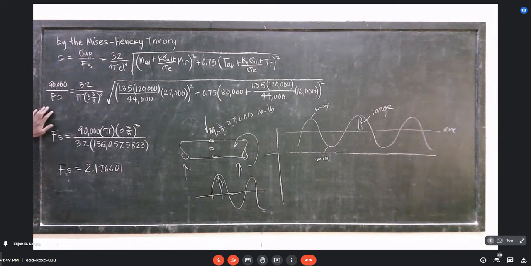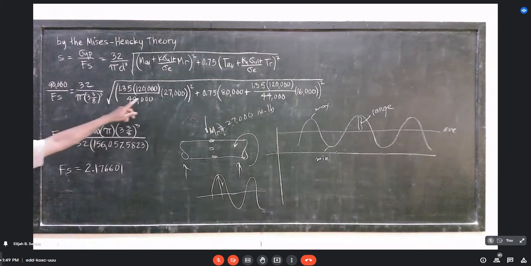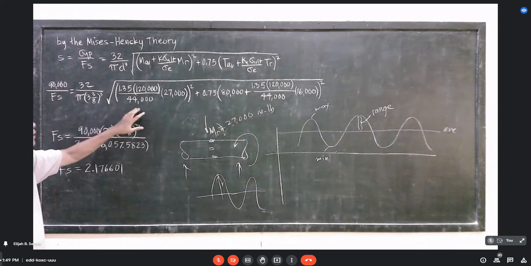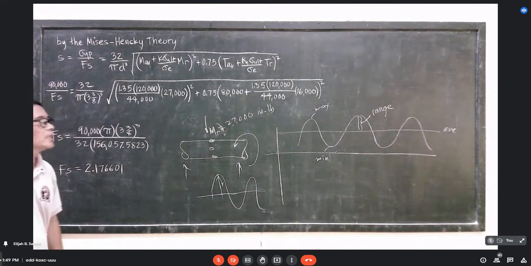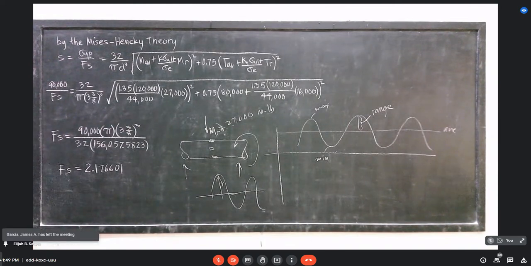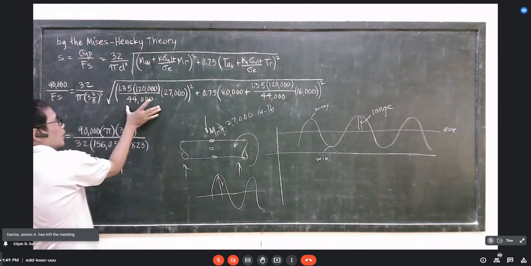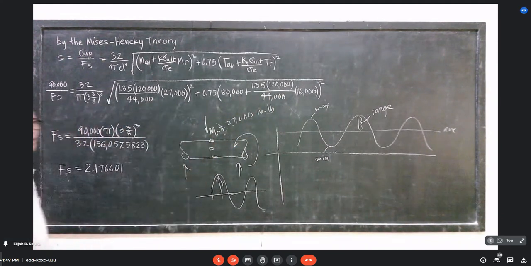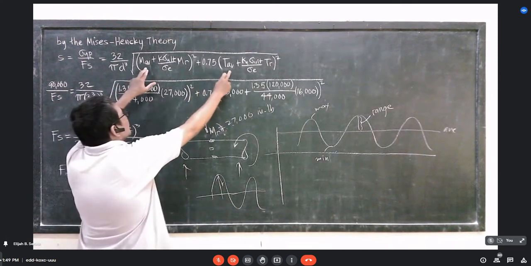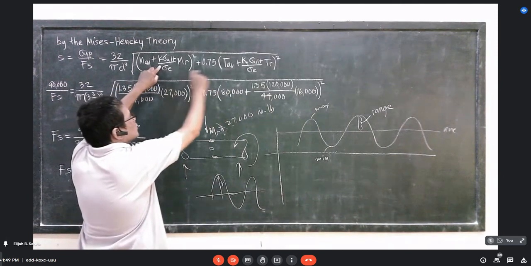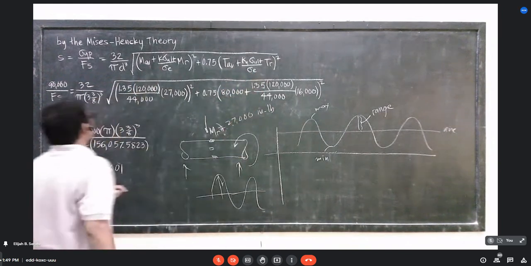What we have now here is we just substitute values. 1.35, okay. Remember the component which has the stress concentration factor is only the range component. The average component doesn't have it.